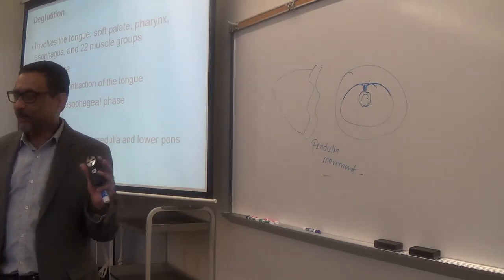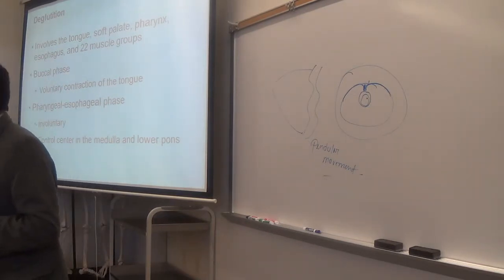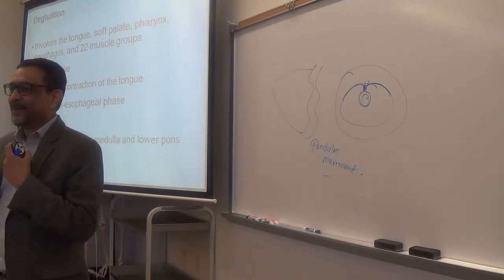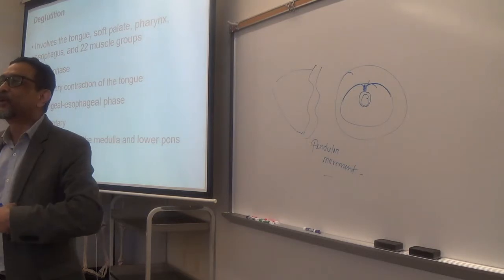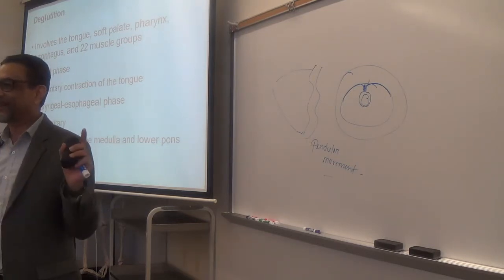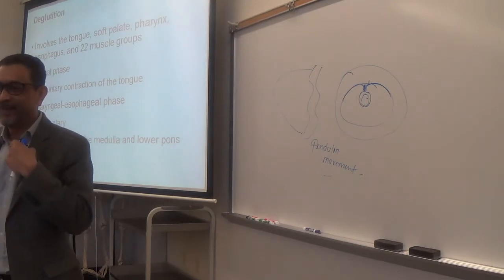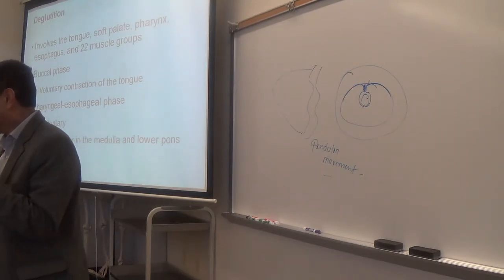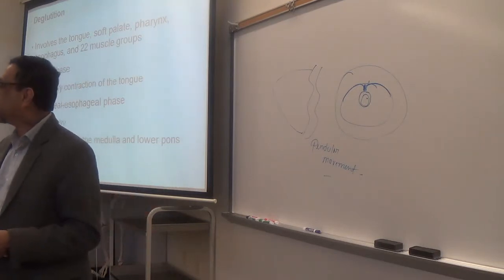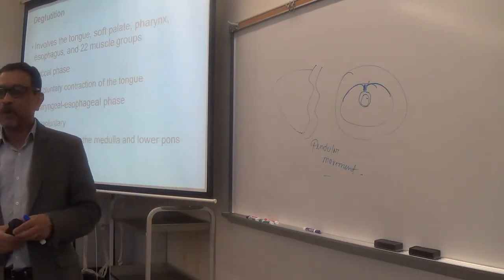Make sense? So that part is voluntary. Now once you do that, food will automatically go to the stomach all the way, right? The rest you don't need to think about. After you swallow voluntarily, the rest happens by itself. It goes through the esophagus to the stomach. So that part is involuntary, right?